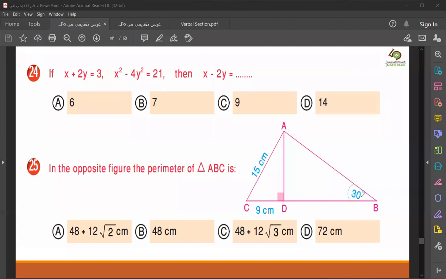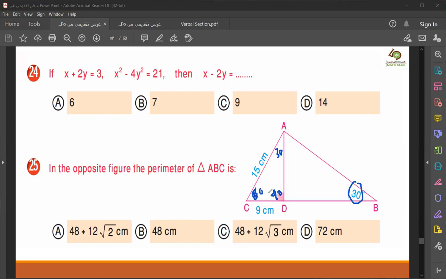Look, because I have here 30 and here 90, here will be 60, also here 30. Okay, now in the opposite figure, the perimeter of what? I have here 15. Look, I have here 15 and here 9, right?